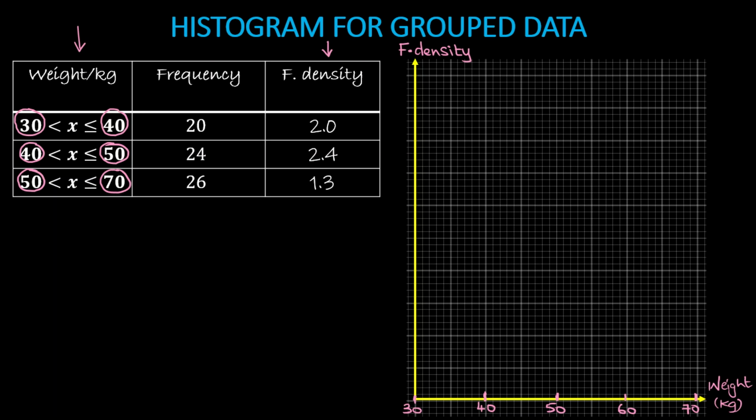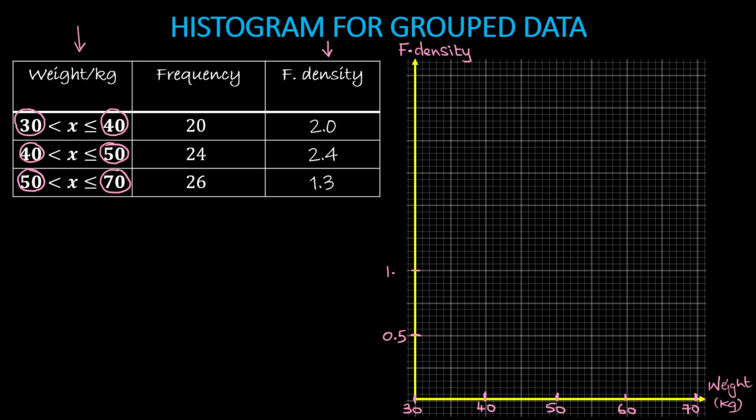Right. For the frequency density axis, I will choose which scale. Let us see. So we are going to choose the scale of 2 centimeters, meaning 2 big squares to represent 0.5, right? So each time we are moving by 2 squares, we have to add 0.5.